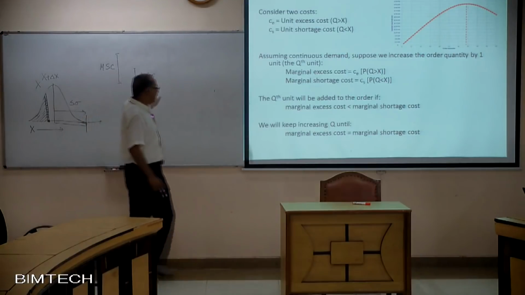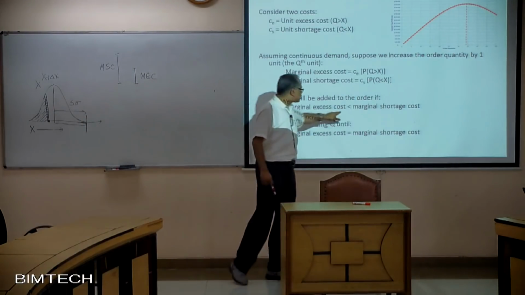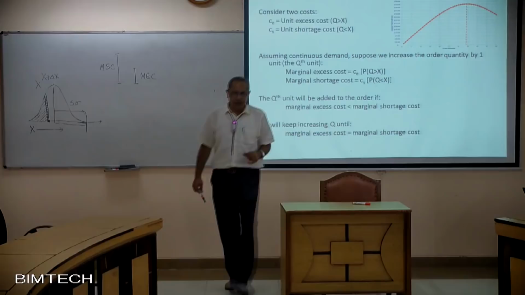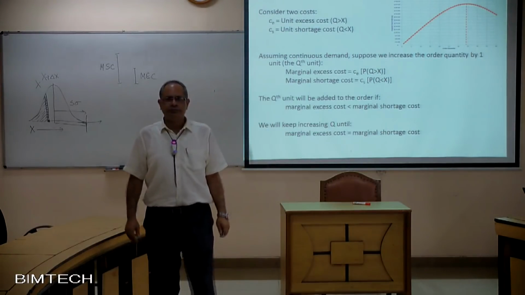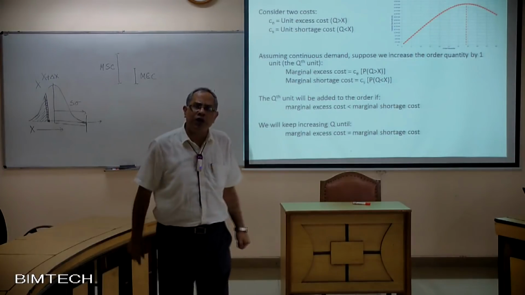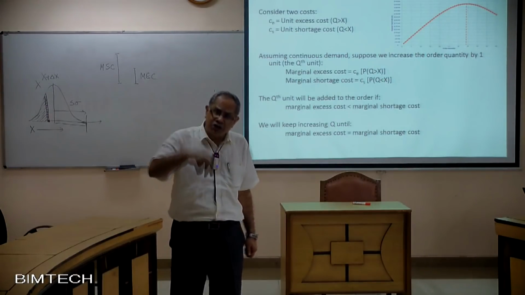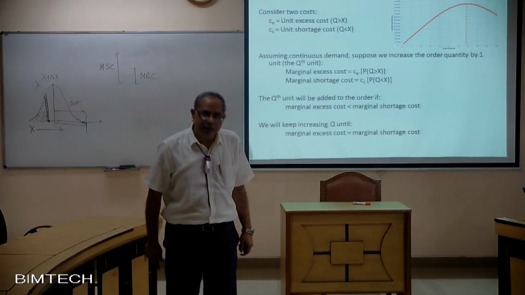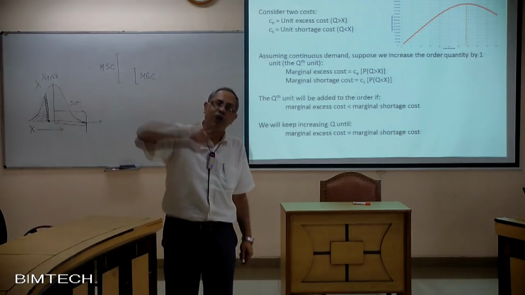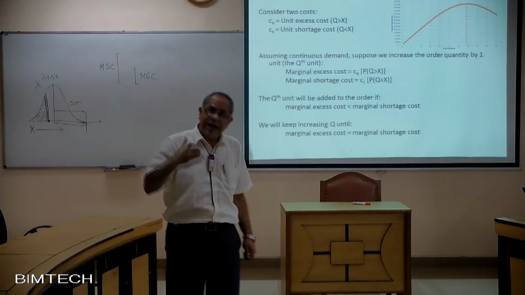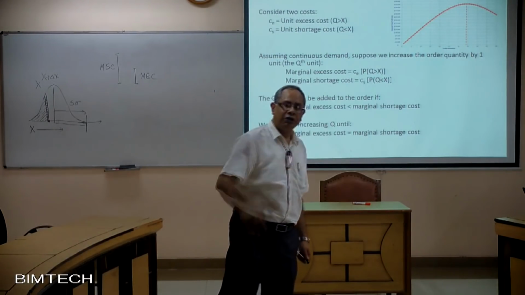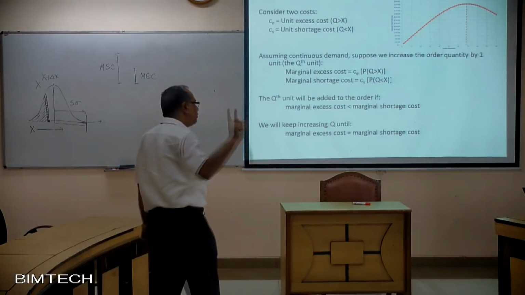So if that is the case, if the marginal excess cost is less than the marginal shortage cost, what will we do? We will add the qth unit and then we will look at the q plus 1th unit. If again the marginal excess cost is less than the marginal shortage cost, we will add the q plus 1th unit. We will add q plus 2th unit, q plus 3th unit, and keep on increasing our order quantity by 1 unit.